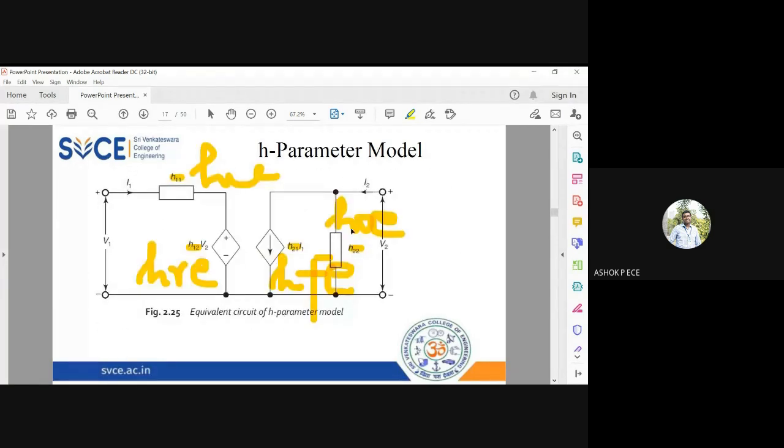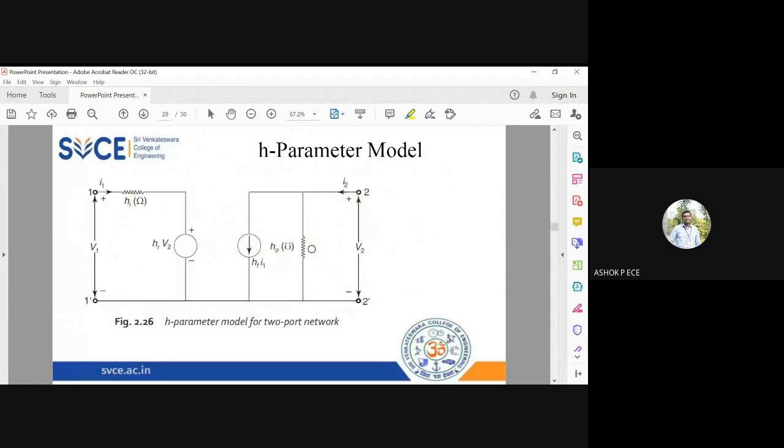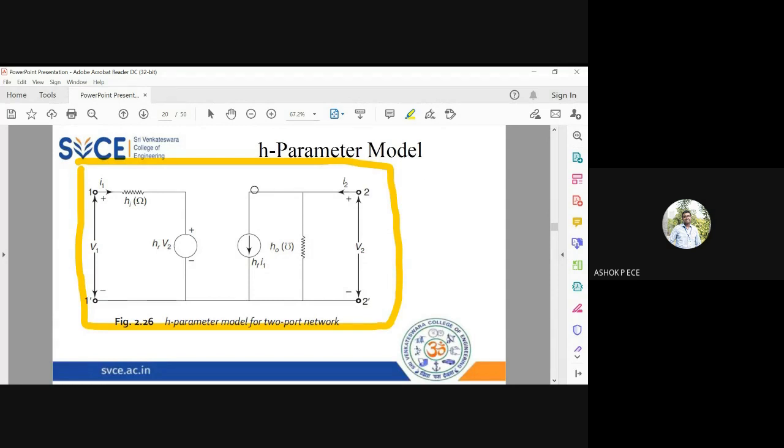And H22 is replaced by HO. They did not put HIE, HRE, HFE, HOE because it is a very general diagram. This diagram can be used for any of the transistor models, common base, common emitter, or common collector. You can use it for any of the transistor configurations.